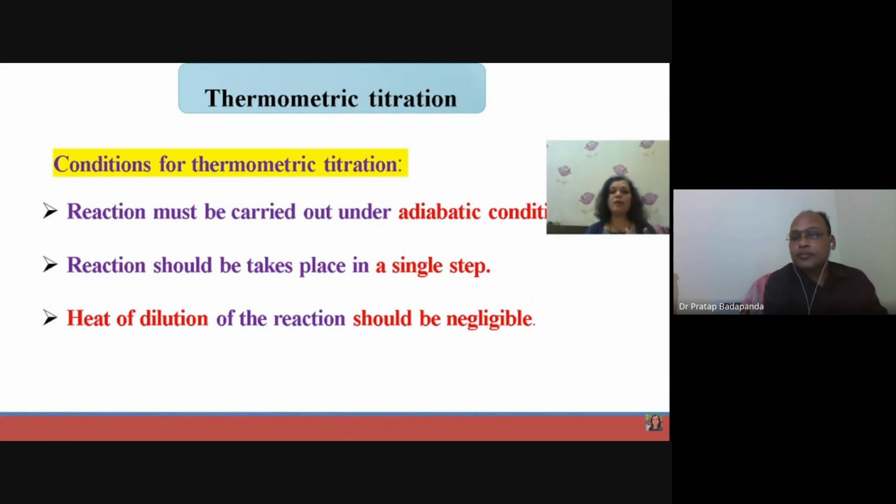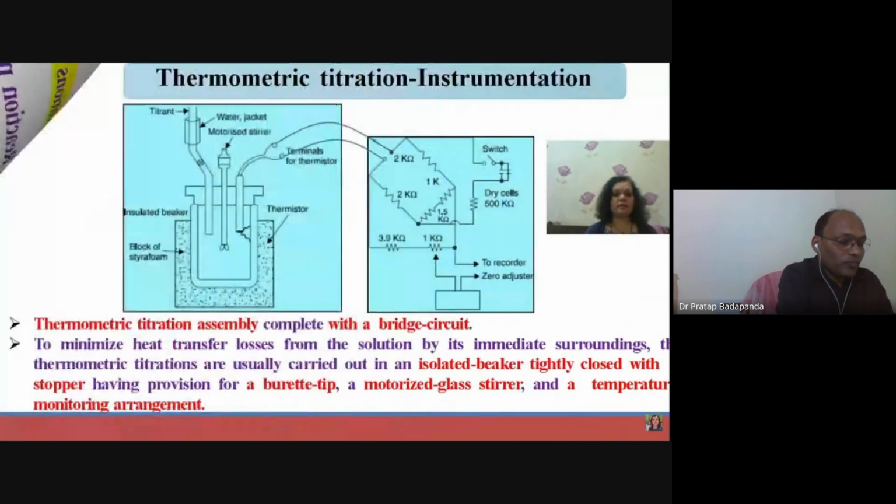In the same way, here we have to follow some basic conditions: the reaction must be carried out under adiabatic condition, the reaction should take place in a single step, and the heat of dilution of the reaction should be negligible. These are the basic conditions to follow to perform thermometric titration.